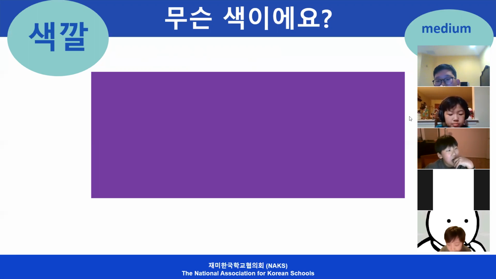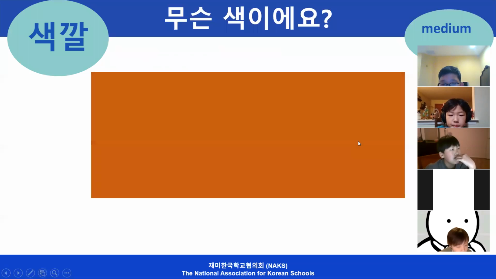음, let me think. 보라색? 보라색. Right. Okay. Ryan, what is this color?